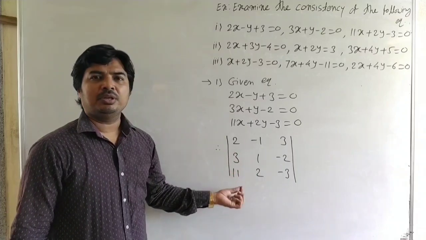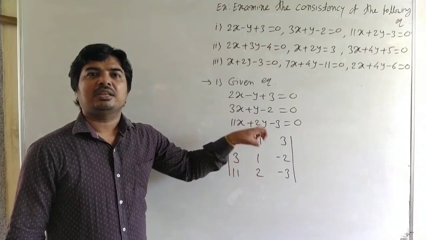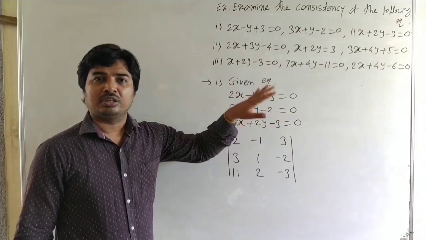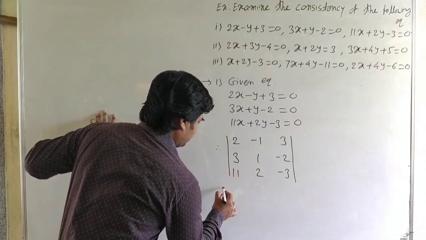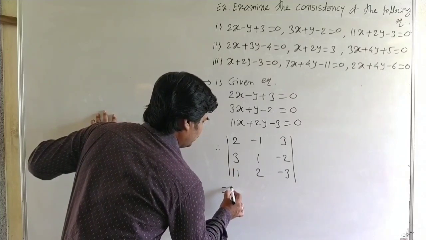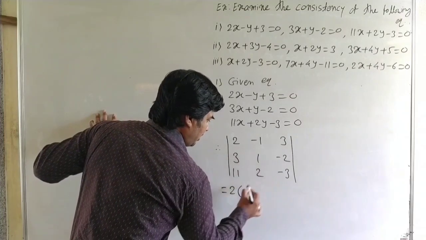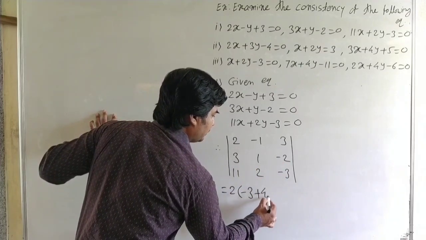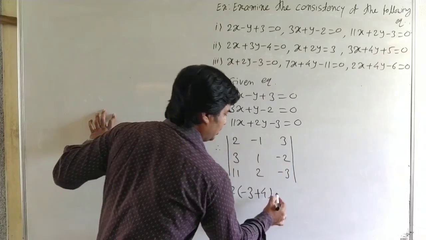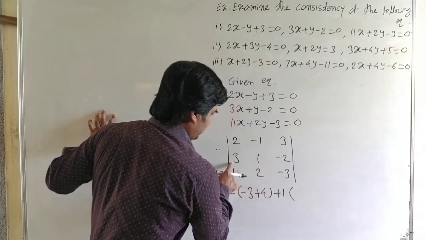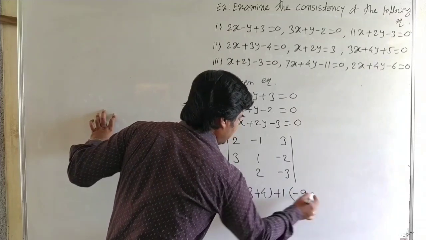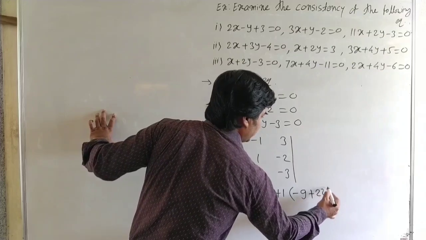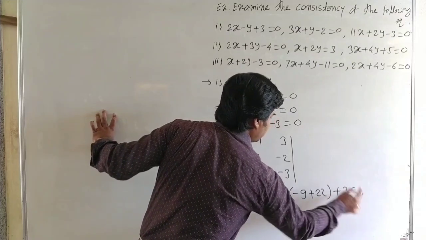If the value of this determinant is 0, then lines are consistent, and if the value of the determinant is not equal to 0, then lines are not consistent. Okay, here then it is 2 into minus 3 minus the multiplication of these two terms, it is a plus 4, because multiplication it is a minus. Change the sign of the middle term, that is plus 1 into minus 9 minus minus 22, so we can write plus 22, and third number as it is, that is plus 3.